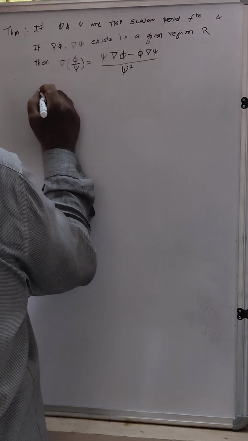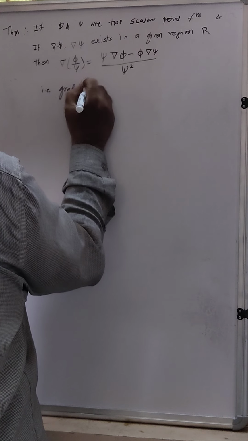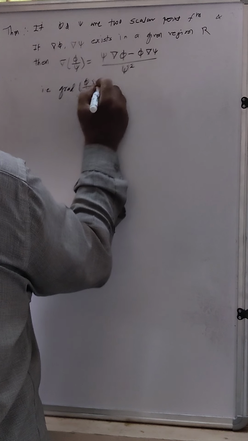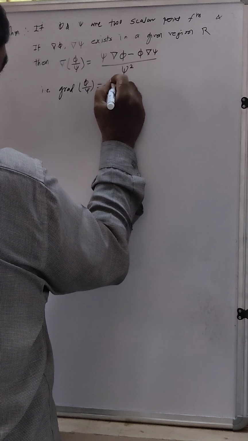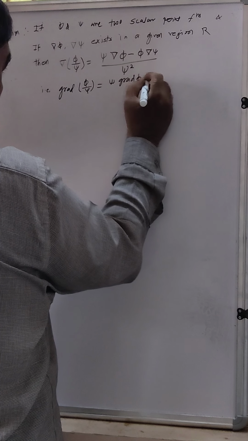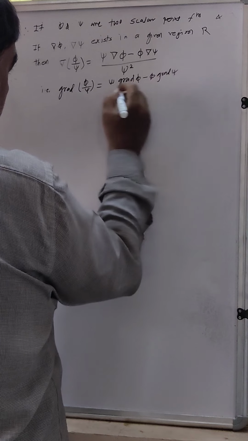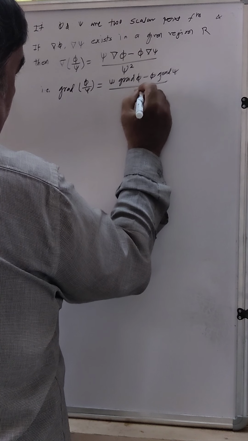That is, gradient of phi upon psi is equal to psi gradient of phi minus phi gradient of psi upon psi square.